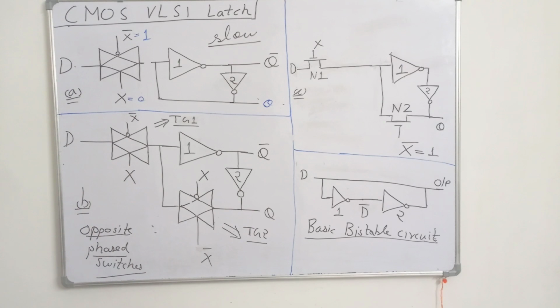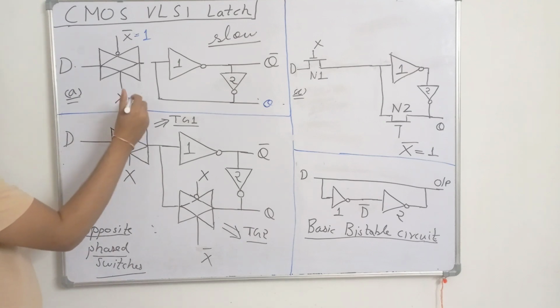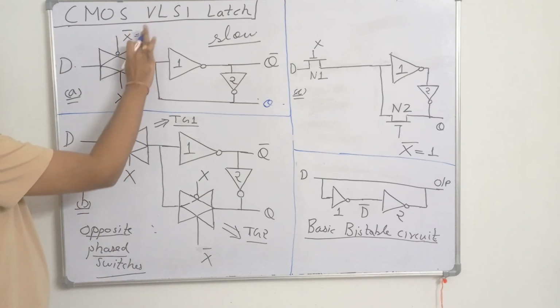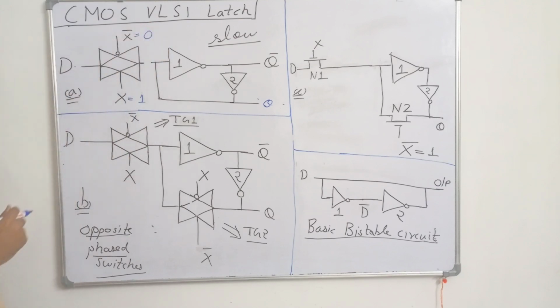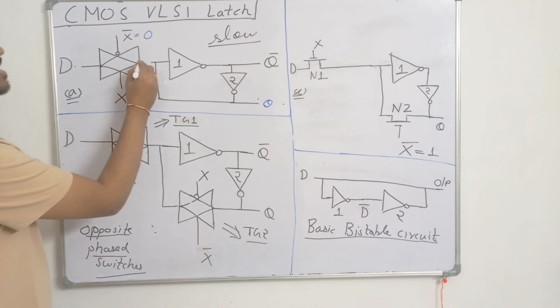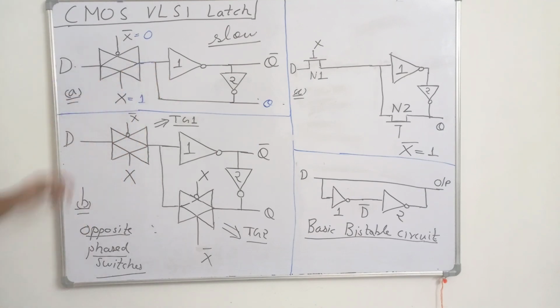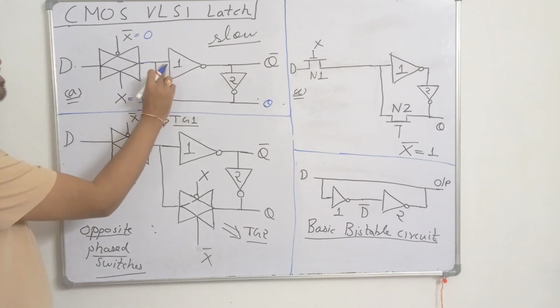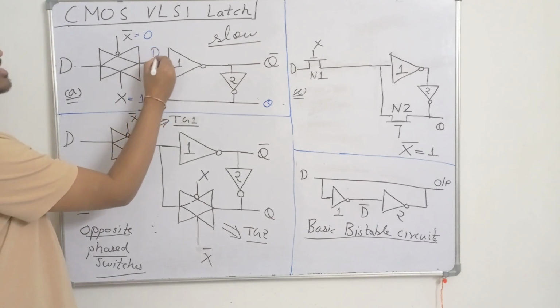But suppose X is equal to 1, then X bar will be equal to 0. In this case, the transmission gate will conduct, or act as a closed switch. So this D input will be transferred here.